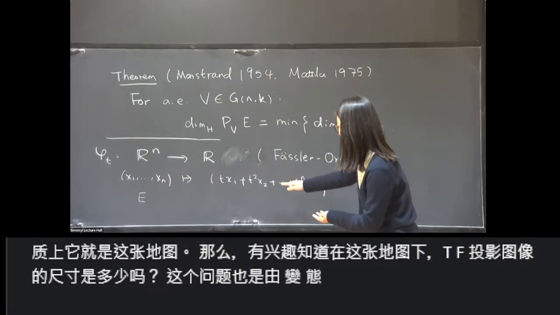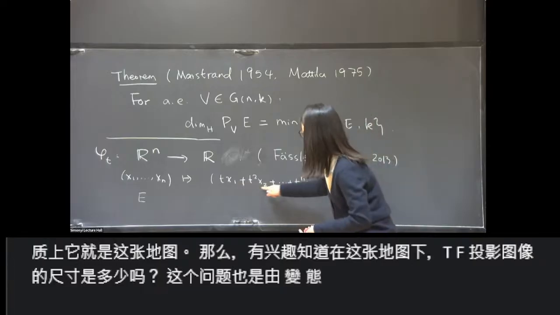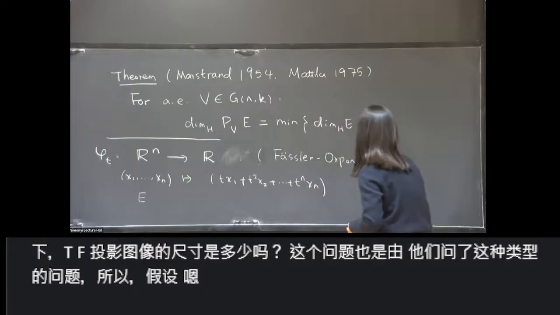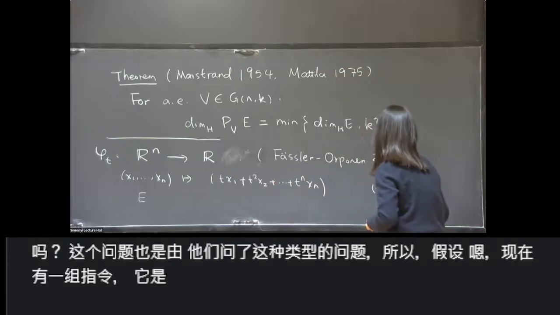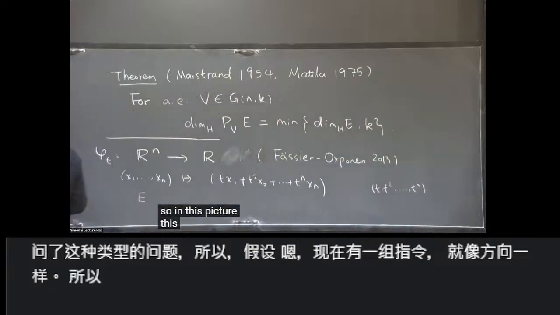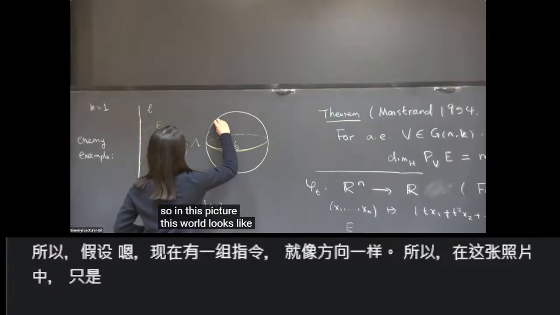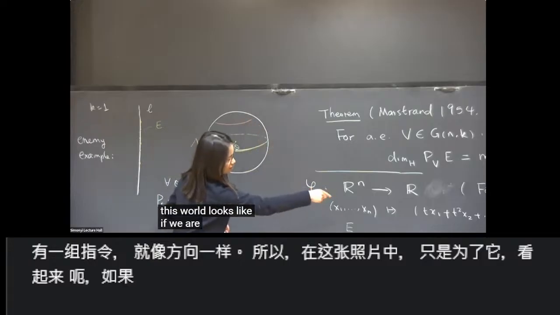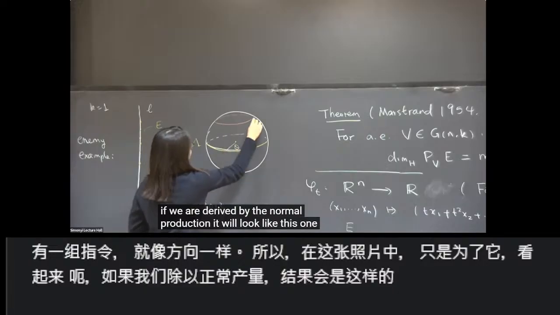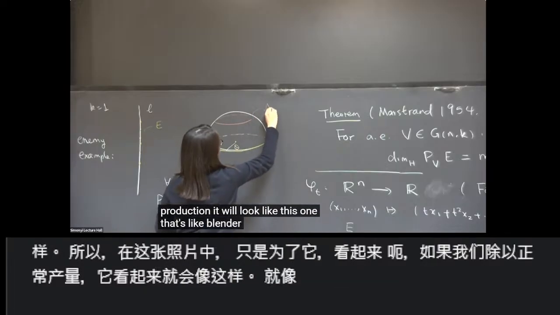Suppose that the set of directions now is like this. If we divide by the norm of the vector, it will look like this curve.